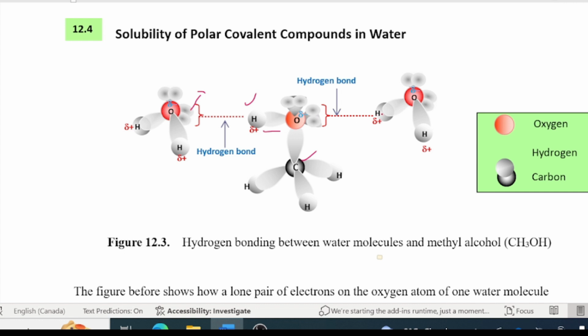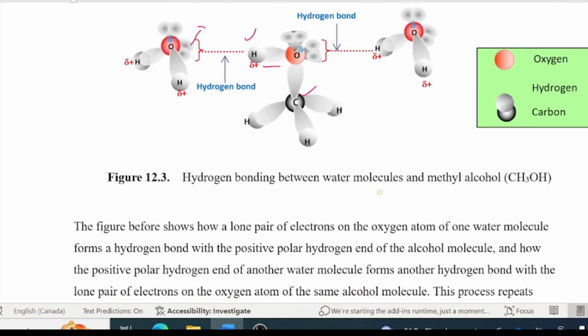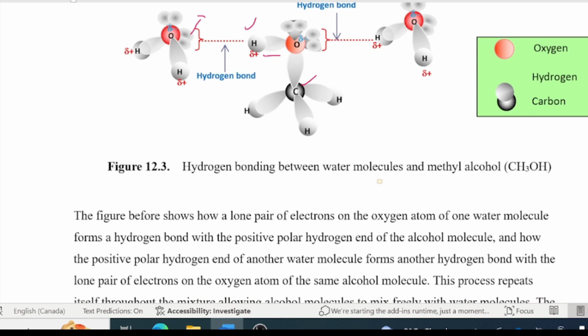This water molecule forms a bond with the lone pair on the oxygen here. And because of these hydrogen bonds, methyl alcohol dissolves in water because the molecules are able to attract each other by hydrogen bonds. So that is how a polar covalent compound dissolves in water because of hydrogen bonding.